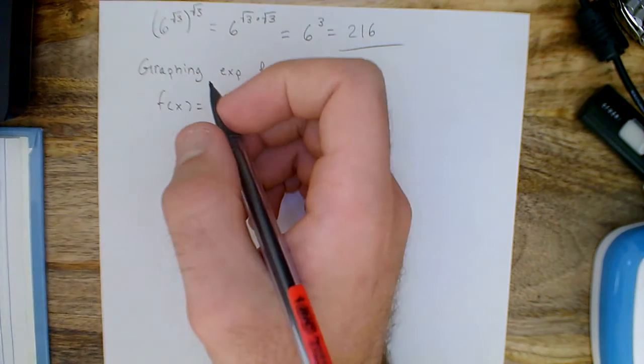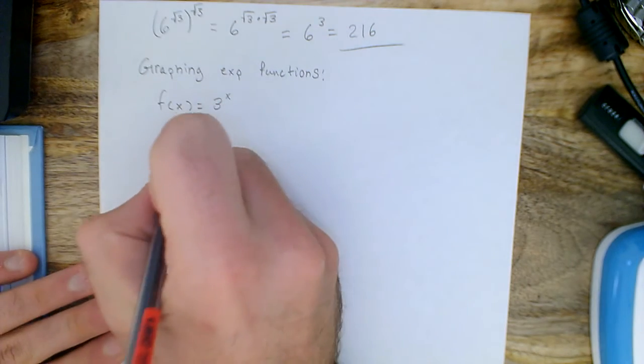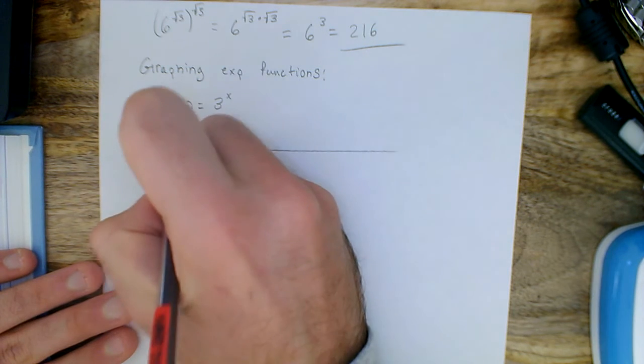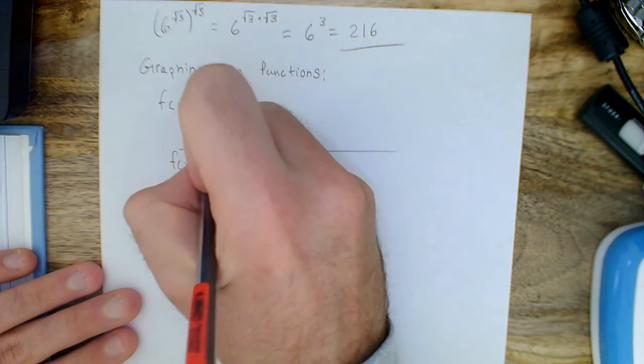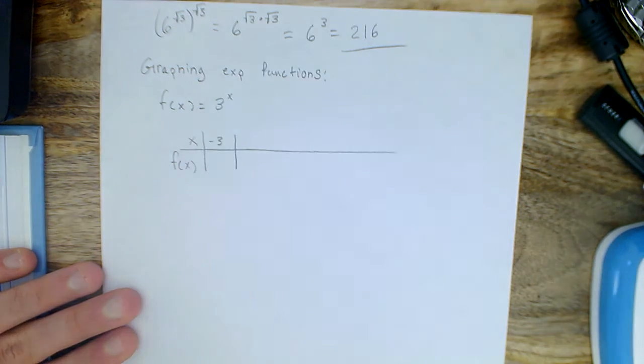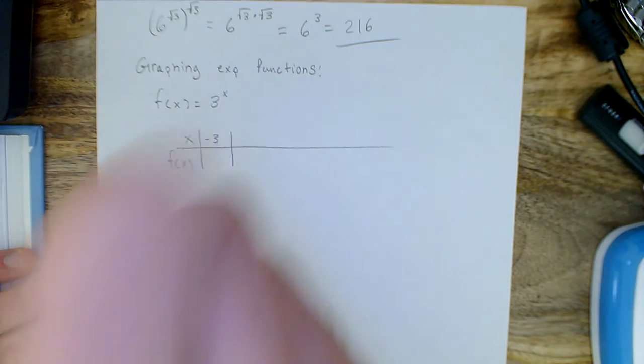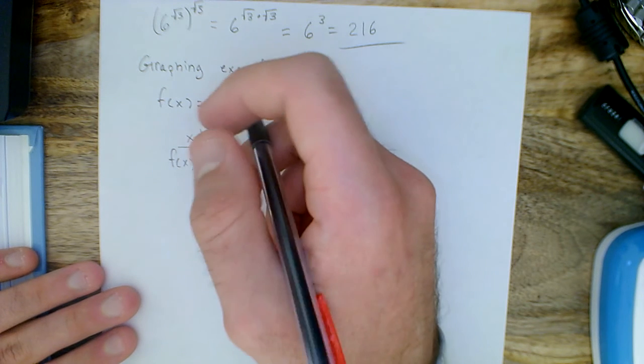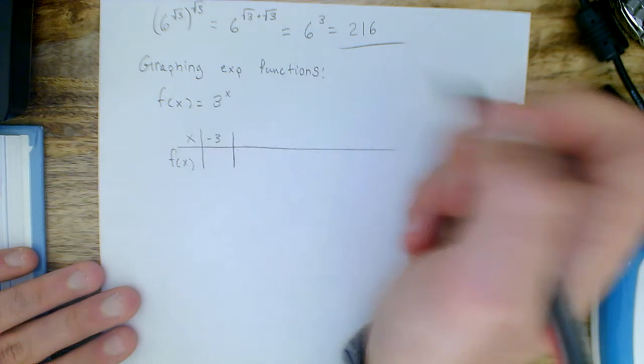So we're going to make our table here. Let's go ahead and get some x values and some f of x values. If I put in -3, well, 3 to the -3 is 1 over 3 cubed.